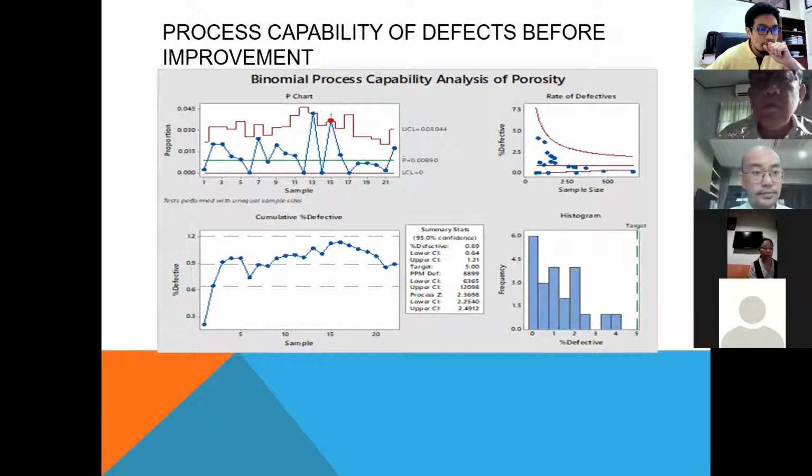The upper control limit for percent defective was 1.21%, so it was less than the maximum allowable percent defective value. There was 95% confidence that the process was capable and met the specifications, but it took into account the variability from random sampling that affected the estimate.